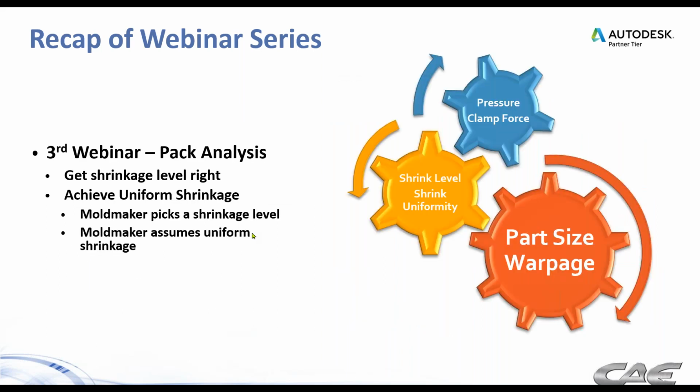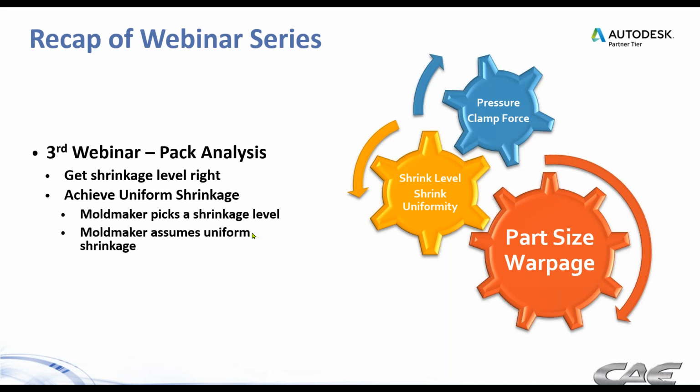And then in the third webinar, we went on to packing analysis. And the two main things in packing analysis that we hit on were what we do to get the shrinkage level right and what we do to achieve uniform shrinkage. So those are the two main things that we focus on for that, because the mold maker is going to pick a shrinkage level based on several things. The material supplier is going to have some input.